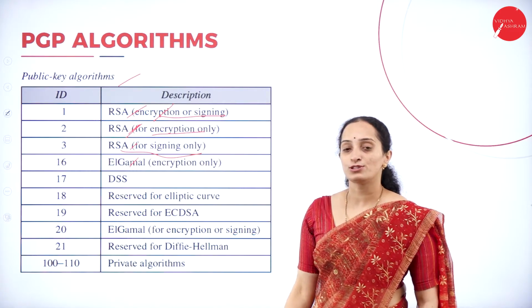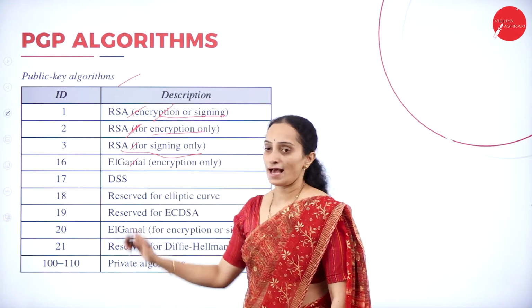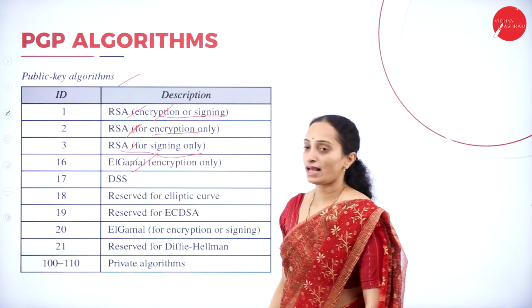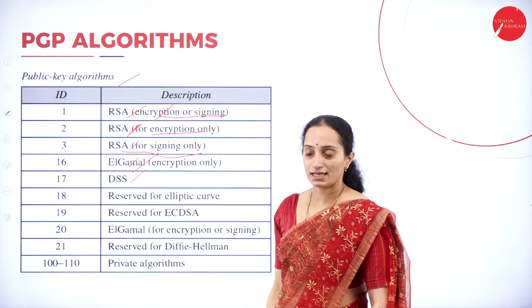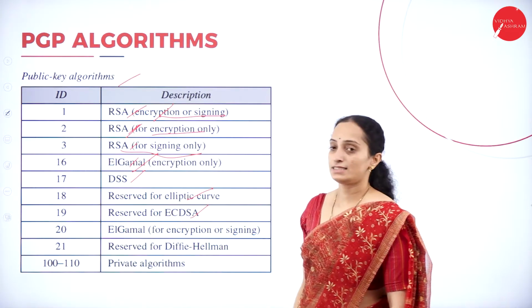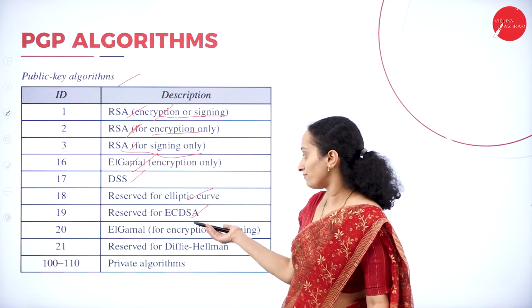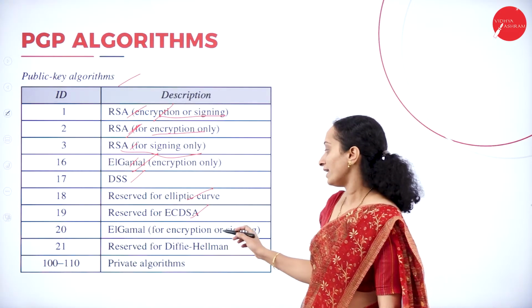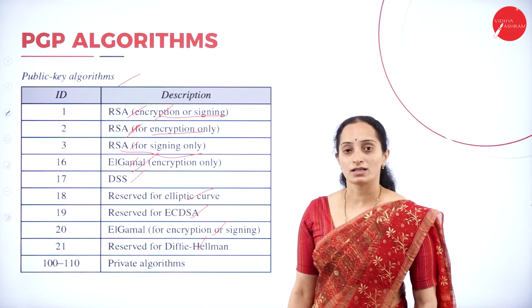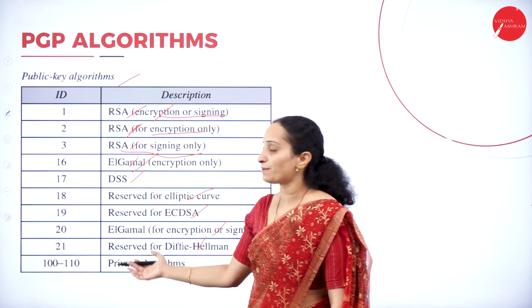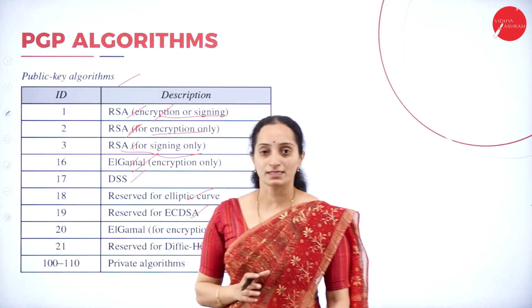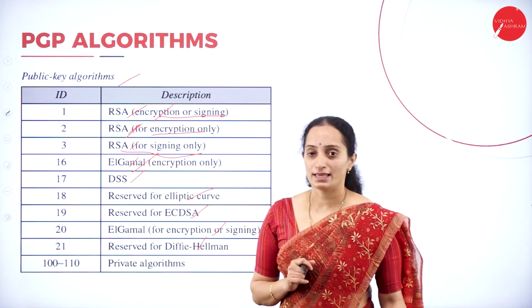Then RSA used for only signing has the ID 3. Then we have ElGamal, we have DSS, we have elliptic curve, ECDSA, elliptic curve with the DSA, then ElGamal, again the Diffie-Hellman algorithm. So you can use so many cryptographic algorithms to encrypt the message that is sent through an email.